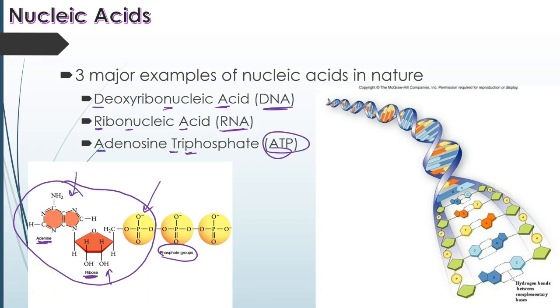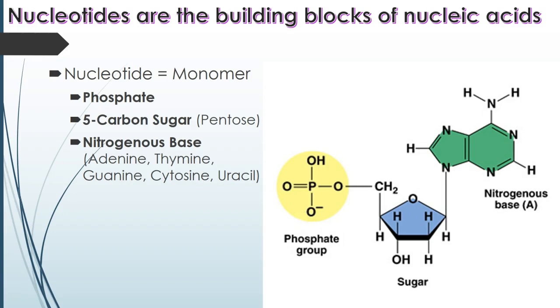We definitely want to include ATP in the discussion of nucleic acids, but for this section of the syllabus, we're going to focus our attention on DNA and RNA. Just remember that adenosine triphosphate needs to be kept in the same group of organic molecules called nucleic acids. So when I say nucleotide, I am talking about the building blocks of nucleic acid.